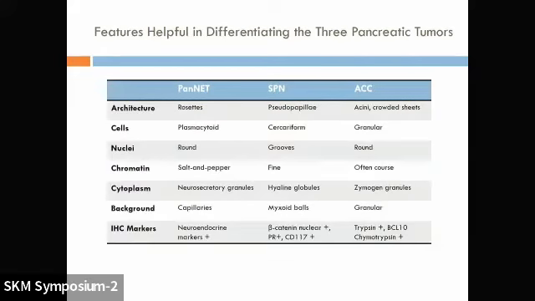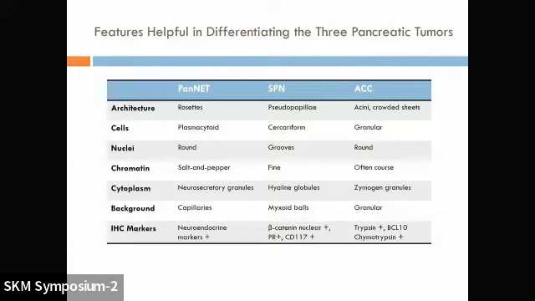So this is a table that highlights the cytomorphological and immunohistochemical features of these three tumors: pancreatic neuroendocrine tumor, solid pseudopapillary neoplasm, acinar cell carcinoma. These three tumors can have overlapping features. Although the features highlighted over here are very helpful, I will tell you that it is the immunohistochemical profile of these tumors that is immensely helpful in diagnosis.